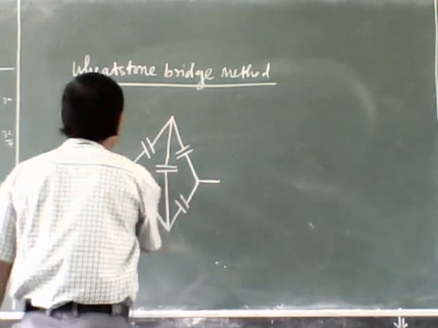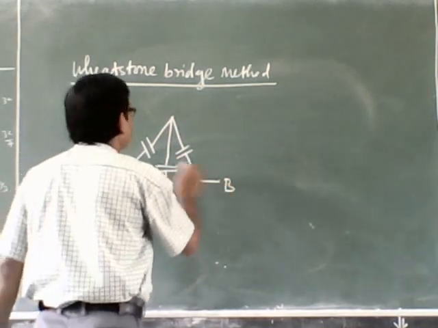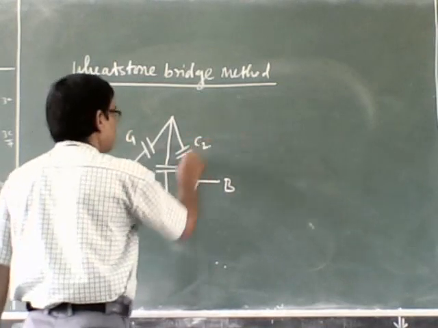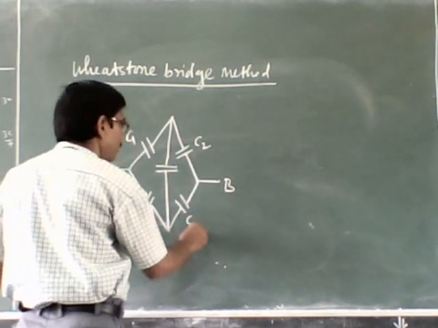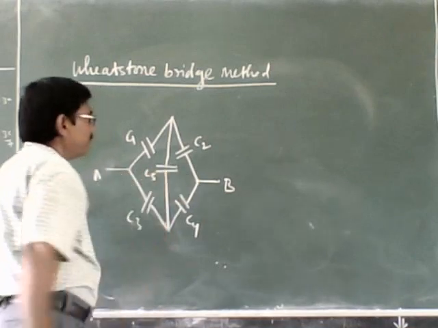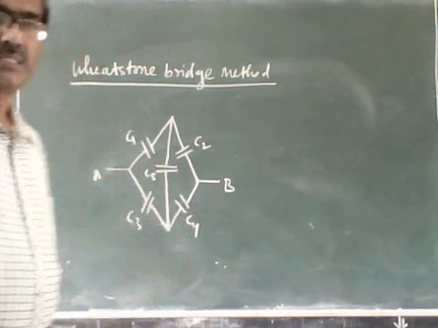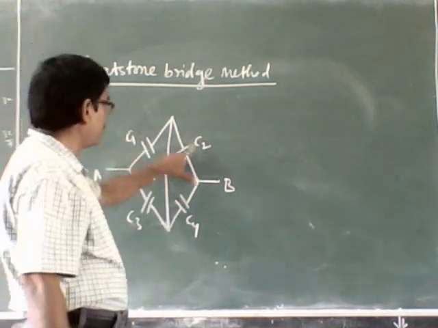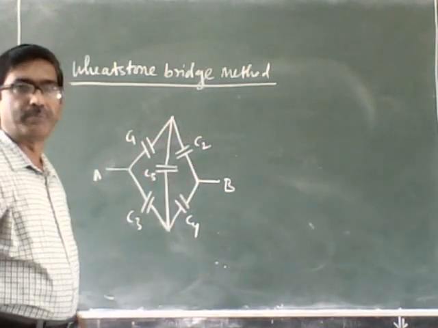This is point A and this is point B. Suppose capacitors C1, C2, C3, C4 and this is C5. This figure looks like a Wheatstone bridge.